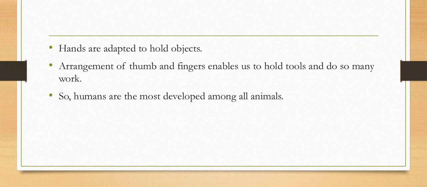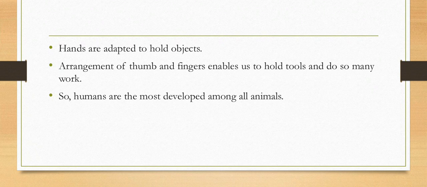The arrangement of the thumb opposite the fingers enables us to hold tools and to do many kinds of work. See your hands properly. See your thumb, see your fingers. If you want to hold anything, see how the fingers and thumb work together.